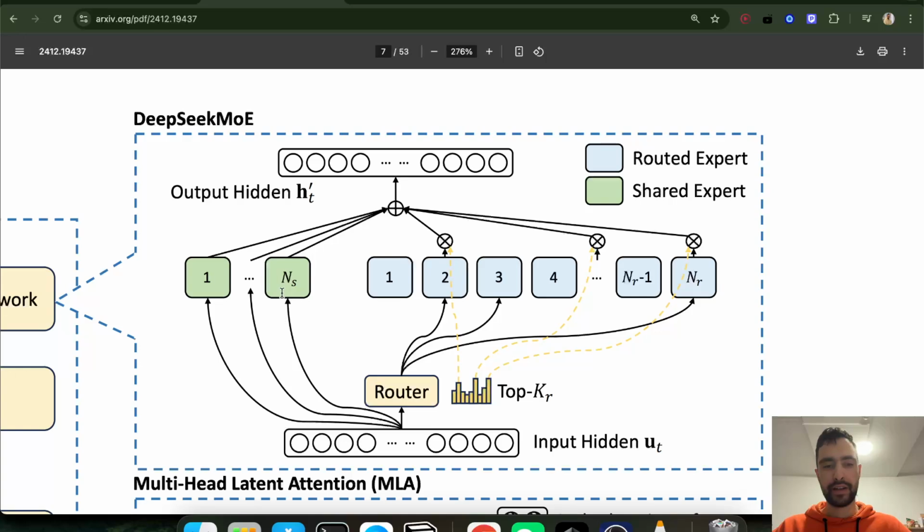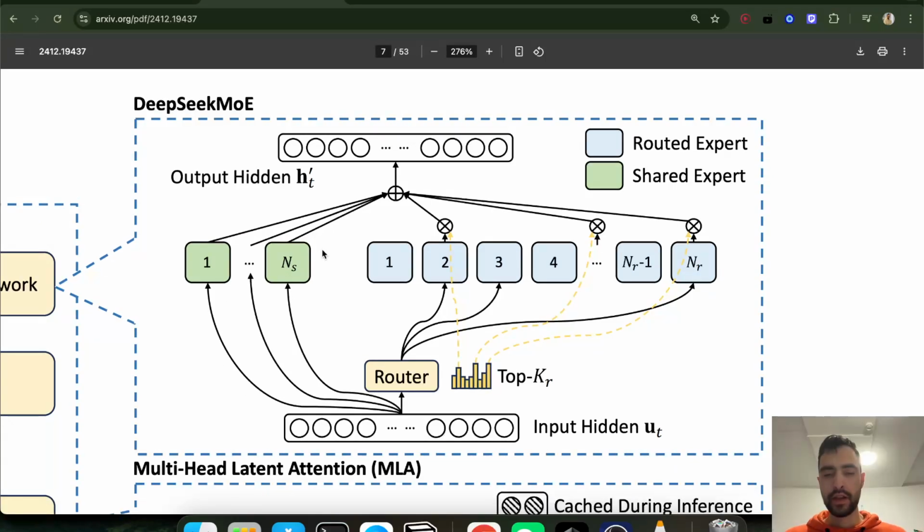So we have shared experts for shared knowledge, and then we have selected or routed experts that get selected based on the current task, the context of the embedding. The choice is made with a scoring function. They call this mechanism the gating function.